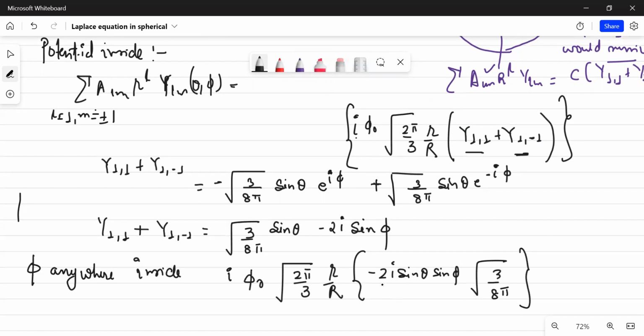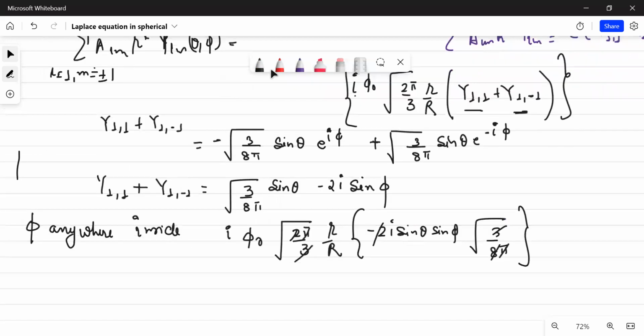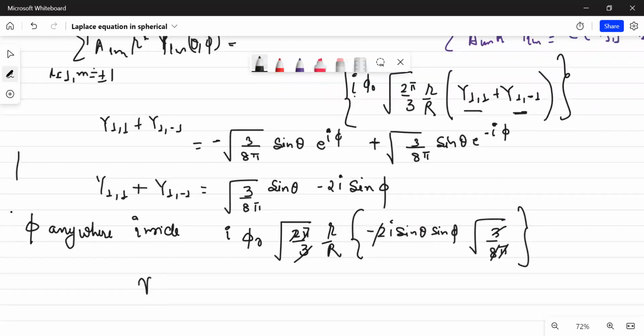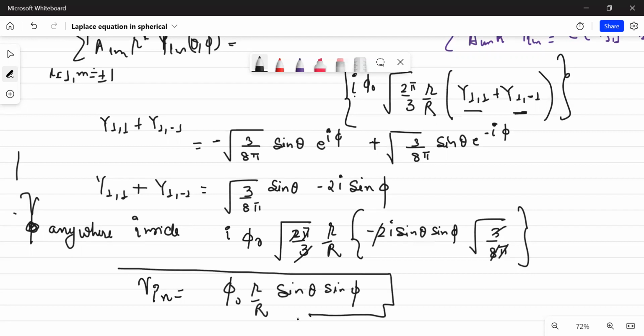So if you cancel it out, root over 3 will get cancelled, 5 will get cancelled, 2 is 2 and 8 is 4, 4 and this will get cancelled. Is that clear? So overall, all these things would get cancelled, and phi inside, potential anywhere inside is written as iota, iota is minus 1, minus minus plus. So you have this phi naught r upon capital R sine theta sine phi.